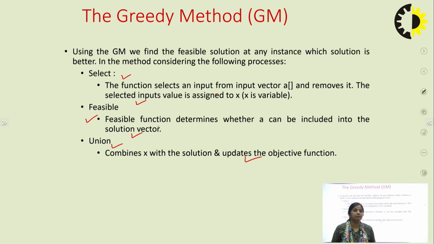That is the feasibility. If I have a costly vase in the room and I pick it up and put it in the bag, it is feasible. But the TV cannot be put in the bag. So that is the feasibility. If it is feasible, then we add it to the union. We'll take the example of spanning tree and then we will consider all these points. So that is our greedy approach.